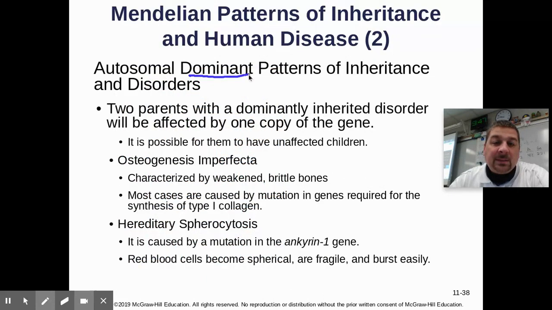Some of the autosomal dominant patterns or diseases you may hear about. One of the common ones we often hear about is Huntington's disease, which affects the nervous system. It's interesting, we talk in class a little bit about it, because it doesn't develop until later in life, and it's often lethal. It doesn't develop until your 40s, 50s, or 60s.